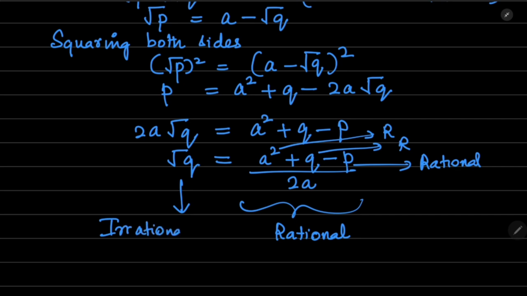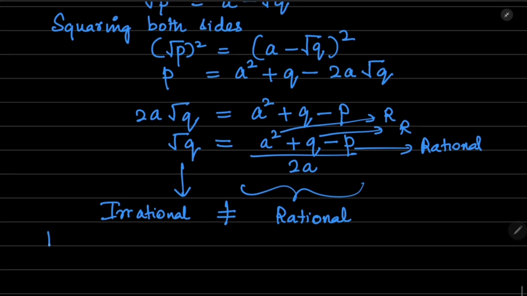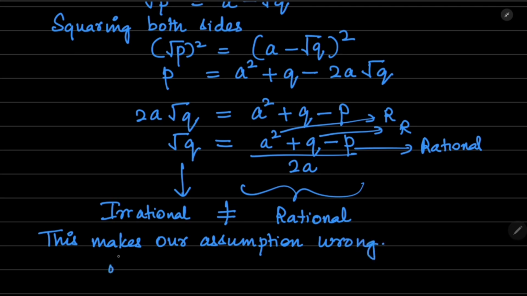An irrational term cannot be equal to a rational term. You have to write, this is not possible. This makes our assumption wrong. Therefore, root P plus root Q is irrational. Hence proved.